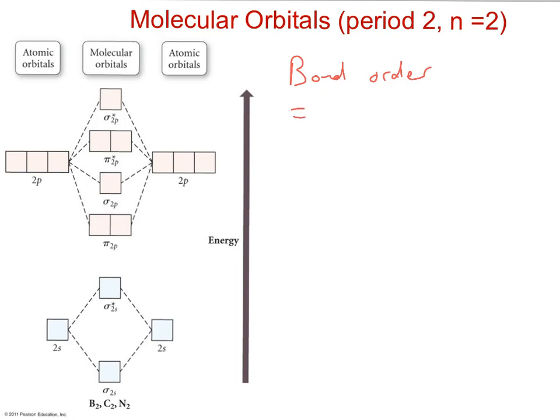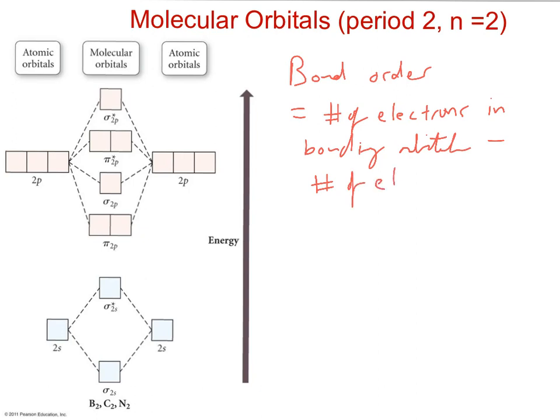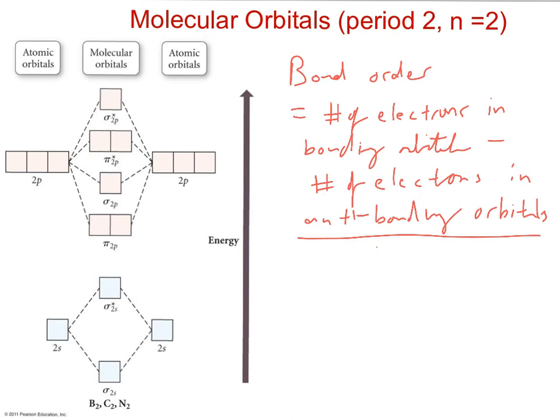It is equal to the number of electrons in bonding orbitals minus the number of electrons in antibonding orbitals, all divided by 2.